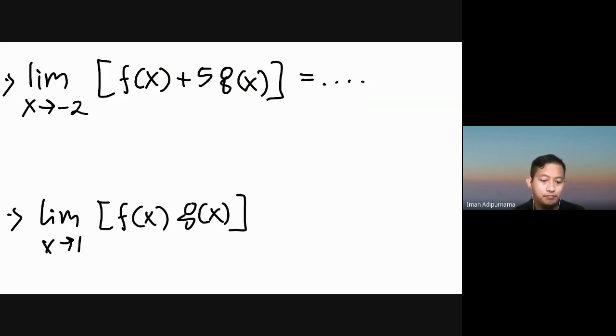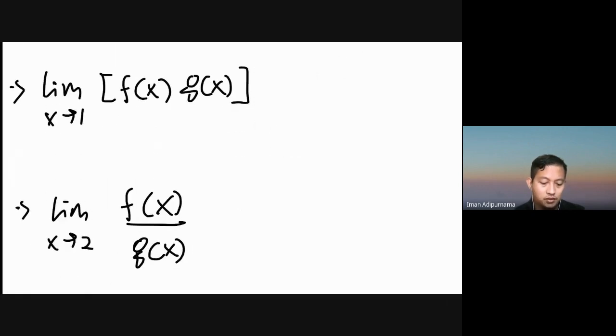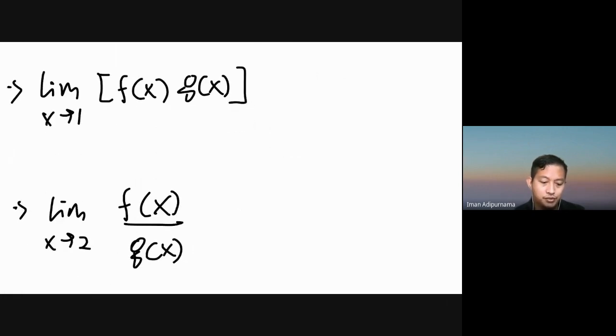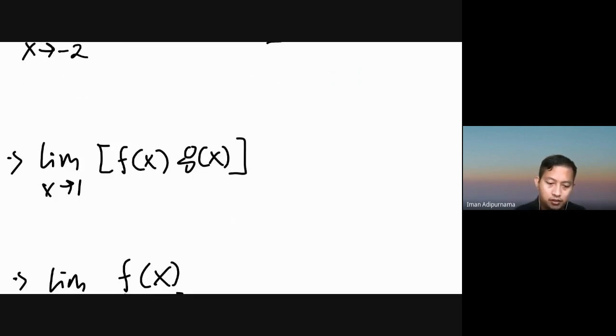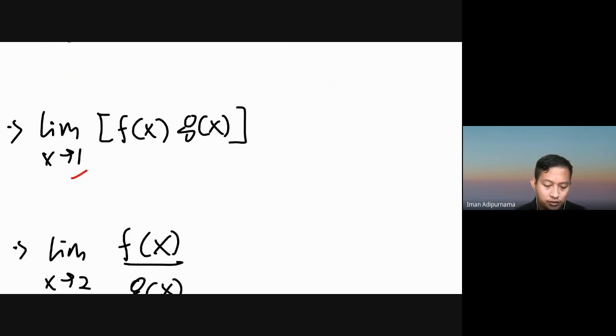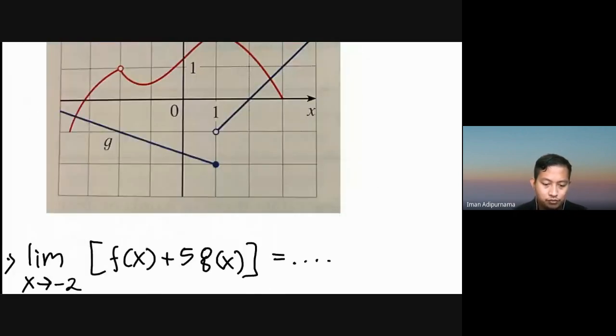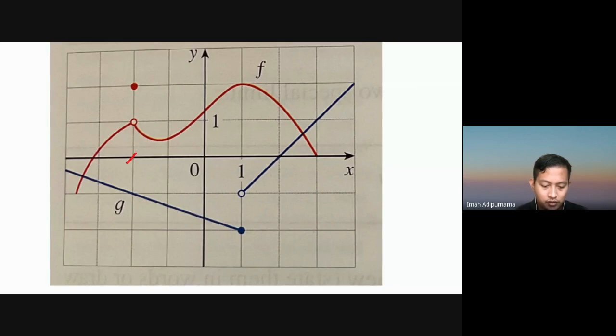And the last one is the limit as x approaches 2 of f of x over g of x. So the numbers are -2, 1, and 2.